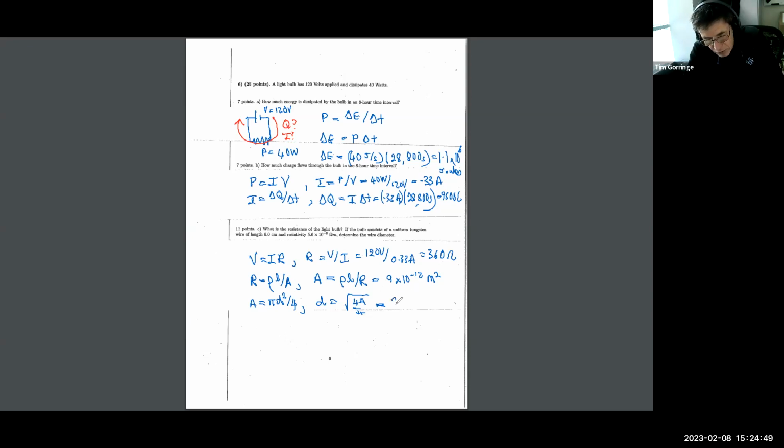And what I got was 3.4 times 10 to the minus 6 meters. And so this is 3.5 microns. It's a very, very thin wire. And lamps typically use very, very thin wires. That's why incandescent lamps burn out. Those wires burn through, but they need to be very thin to burn bright, to be a light, a lamp.